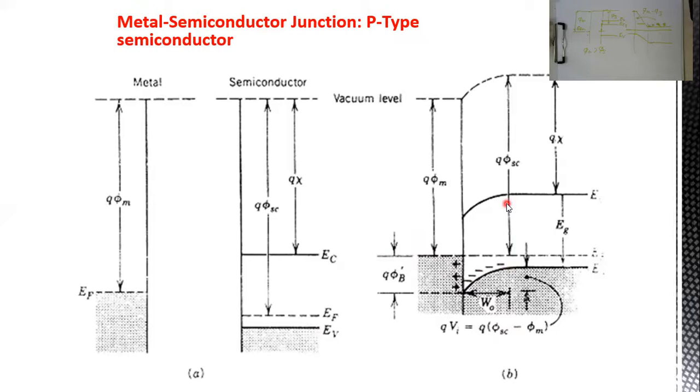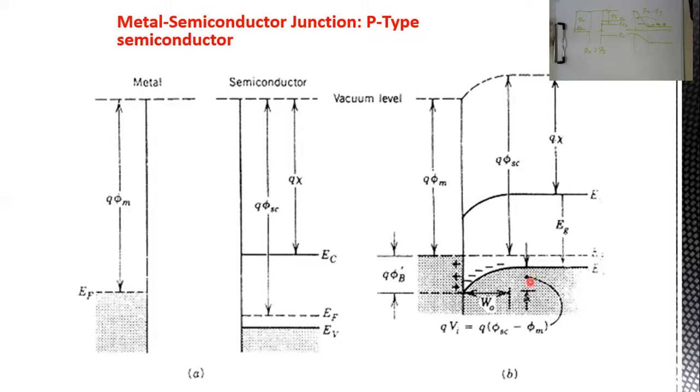Now this is the energy band diagram, as you can see. And let's start to ask the same question. Will the majority carrier here be able to move to the metal side? Now the majority carrier is holes. And as you know, the energy of holes increases downward.